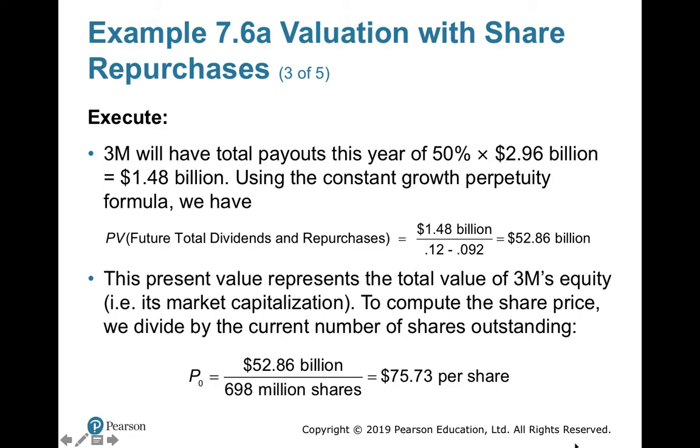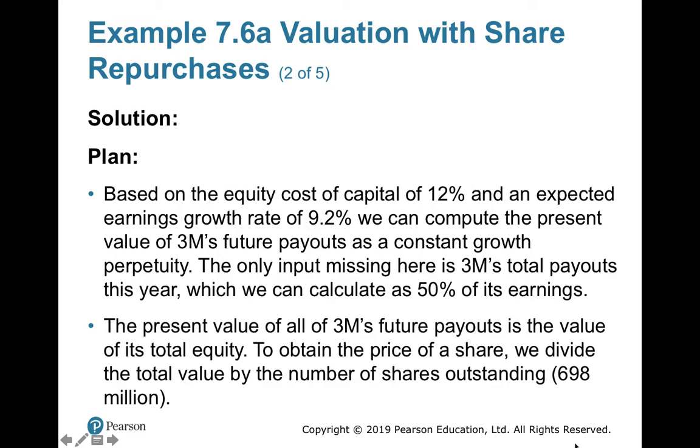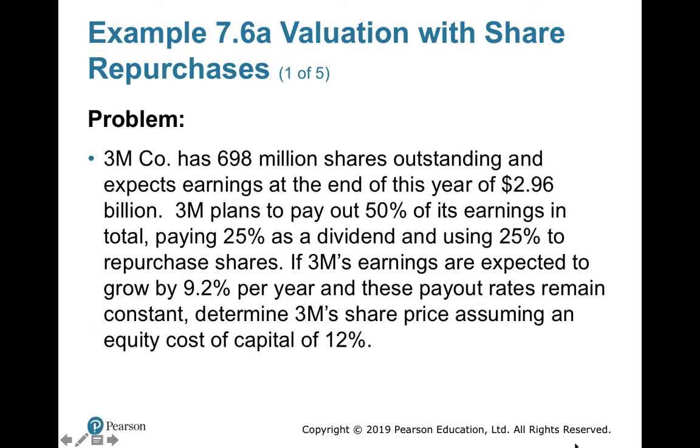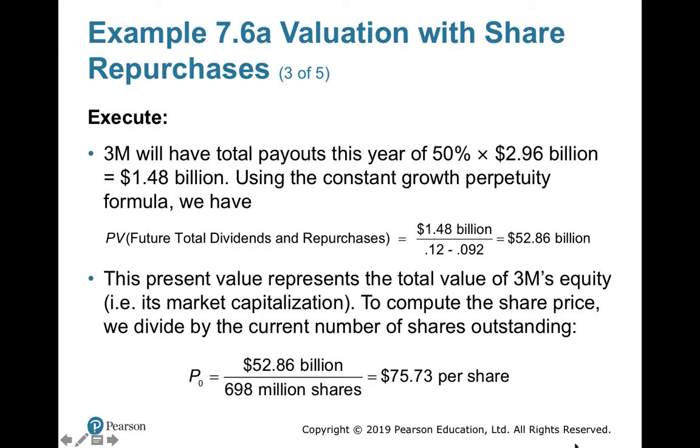This present value will be the total value of 3M's equity. Now per share, how much will the per share value be? 52.86 billion divided by 698 million shares outstanding, given in the company, gives 75.73 per share.